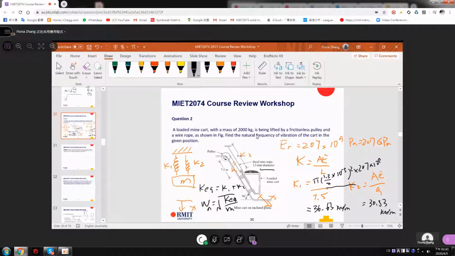Are there any questions here? Right, so on the inclined surface with springs, the form is still m x double dot.